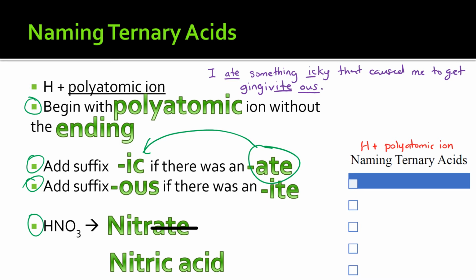Unique way to spell gingivitis, but again, we will remember it, right? Ite, ous, ate, ic, icky, ick. Okay, I ate something icky that caused me to get gingivitis. Cool deal.